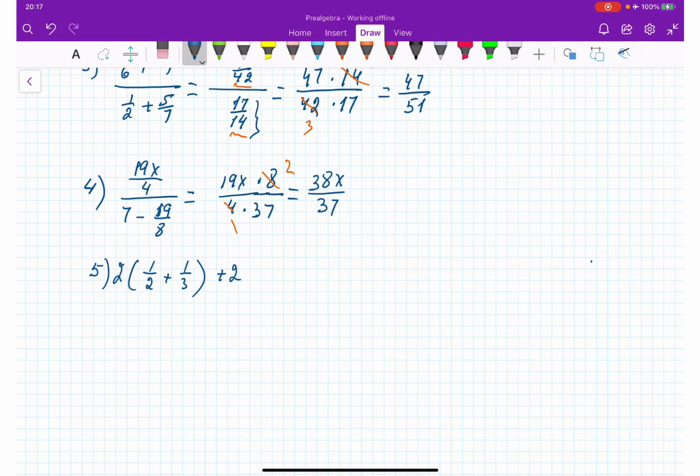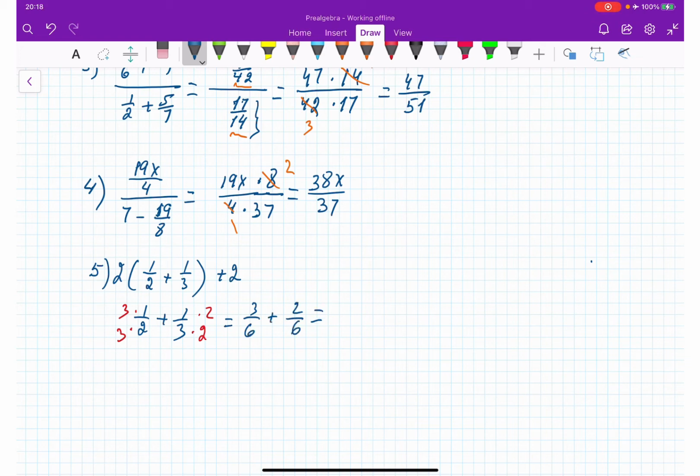So first thing, we have to take care of parentheses, which means we have to do 1/2 plus 1/3. Common denominator is 6, 3 and 3, 2 and 2, and we are getting 3 over 6 plus 2 over 6.